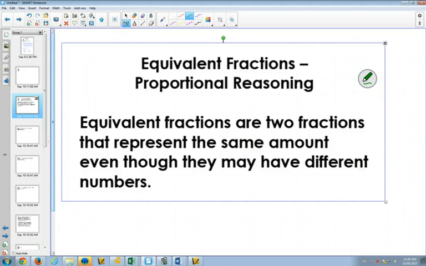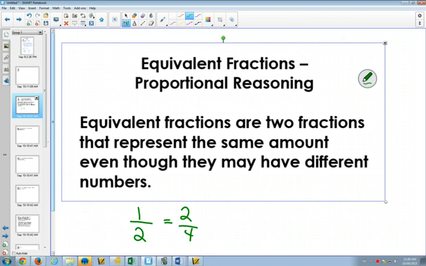And now I have 2/4. 1/2 and 2/4 are called equivalent fractions, because if I have half a piece of paper, it's exactly the same as 2/4 of a piece of paper. Can you see that? That the 2/4 is the same as the half piece.